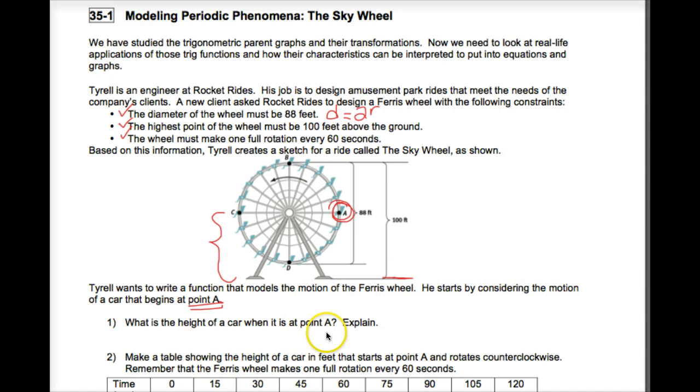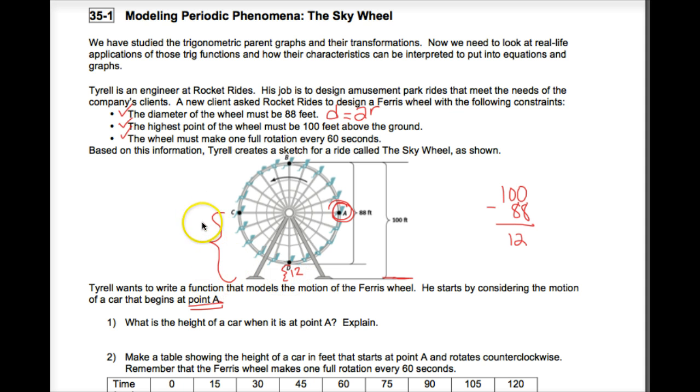So the height of the car when it is at point A, hopefully you figured out that if this entire length is 100 and the diameter is 88, if you take 100 and subtract 88, you get 12, which means that the bottom of the Ferris wheel is actually 12 feet off the ground.